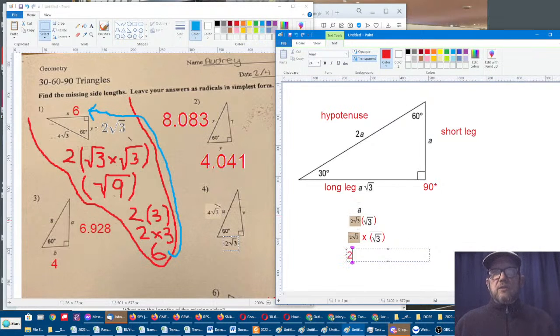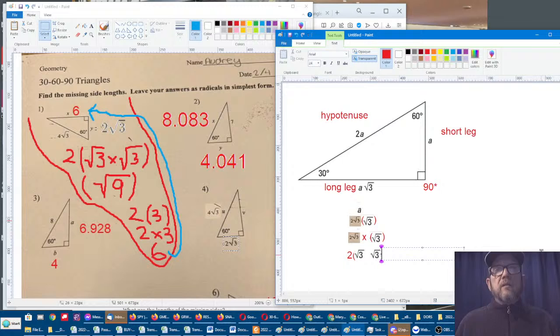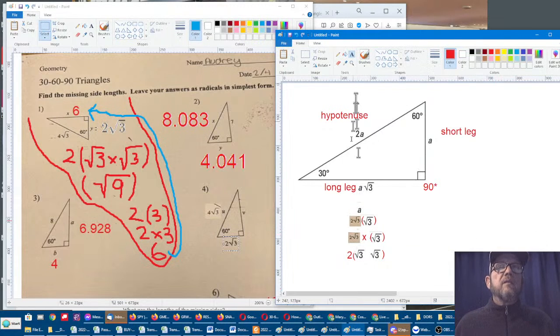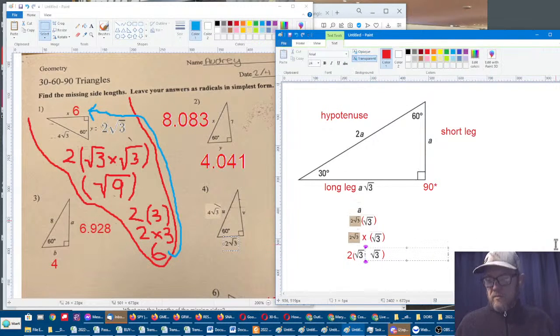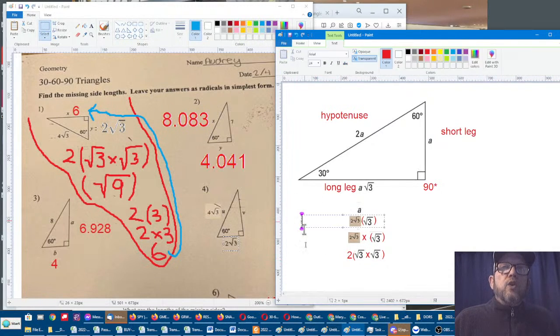You could say 2 times, and let's grab the parenthesis.